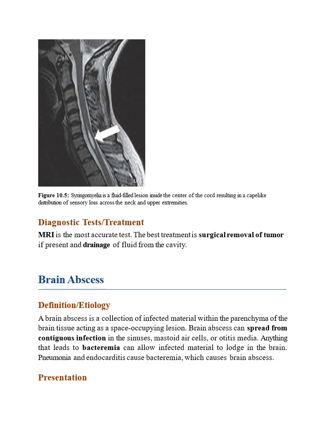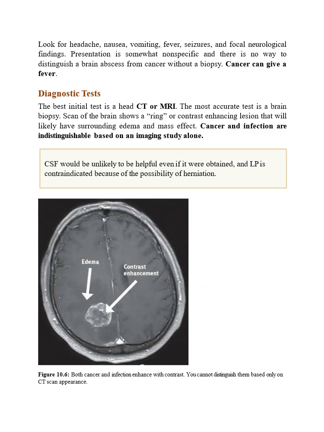Let's go to the next slide. In this slide, let's start with the picture. On figure 10/6, we can see that we have both cancer and infection enhanced with contrast.